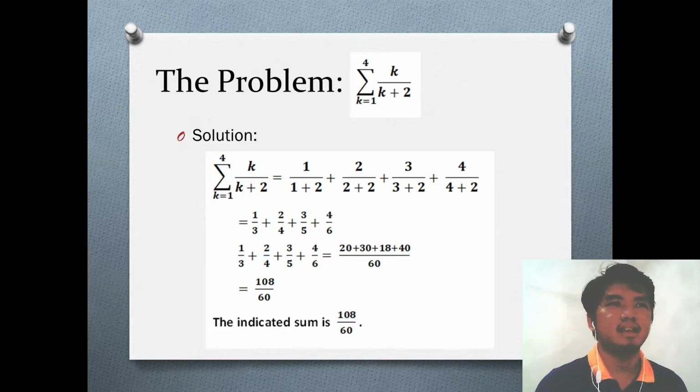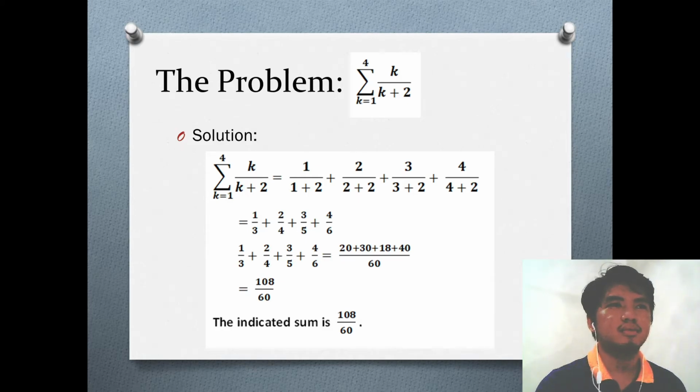So we're gonna add the denominators. So 1 plus 2 is 3, so 1 over 3, plus 2 plus 2 is 4, so 2 over 4. 3 plus 2 is 5, so 3 over 5. And 4 plus 2 is 6, so 4 over 6.